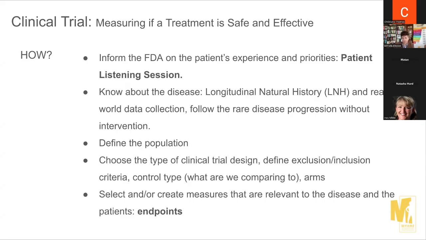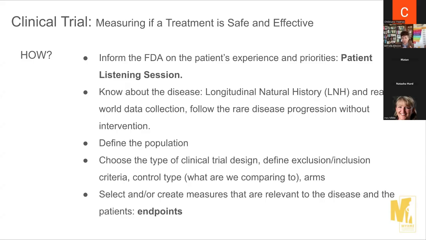In Myhre, you can have progression in heart, in respiratory, or not, just remain with joint issues or intellectual development. So you really have to define where the treatment is going to be tested, in what kind of patients, what's the population.